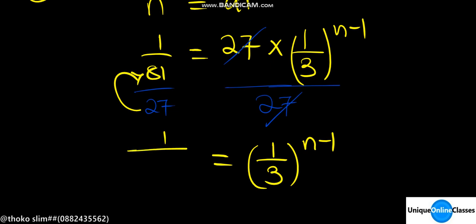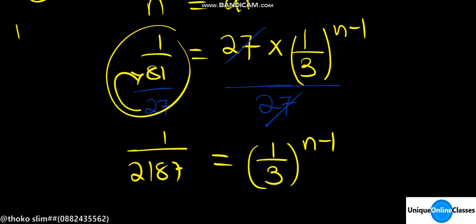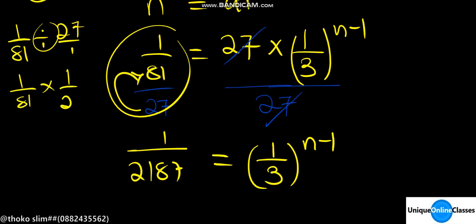If you multiply 27 times 81, that will be 2187. So we divide 1/81 by 27, which is 1/81 times 1/27, that is 1/2187.